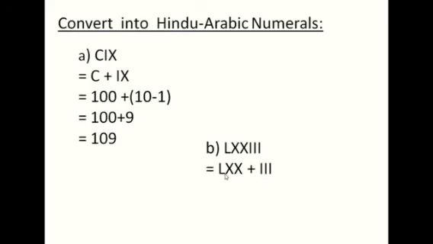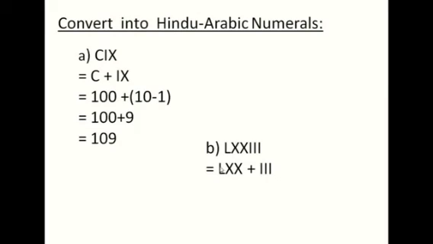You can think whether we can split it like L, then X, yes, you can do it, there is no problem. Now think of the value for L. L means 50, X means 10, X means 10, and it is on the right side, so the value will be added up with the value of L. I has been repeated 3 times, so it will also be added up.